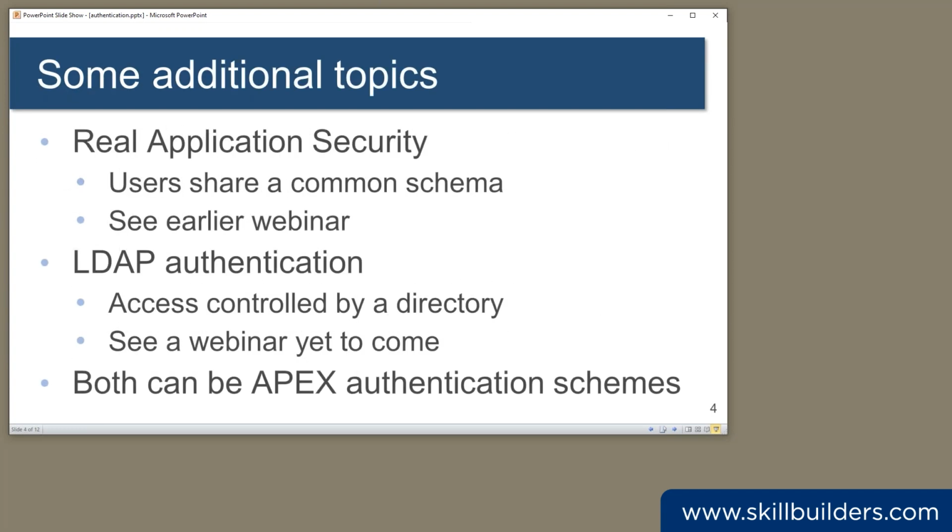The items we are excluding from today's discussion, firstly, real application security. Real application security is a very powerful capability. We did a webinar on it a while back and a couple of pre-recorded tutorials as well. Within the database, it's almost like a connection pooling mechanism managed within the database.